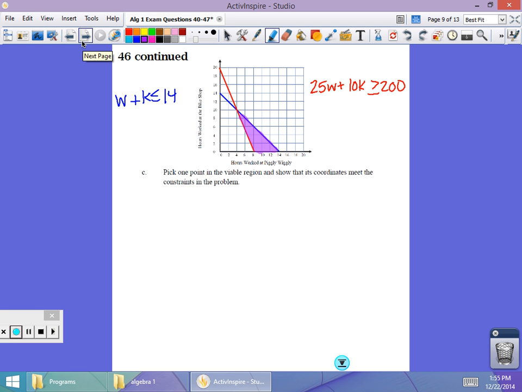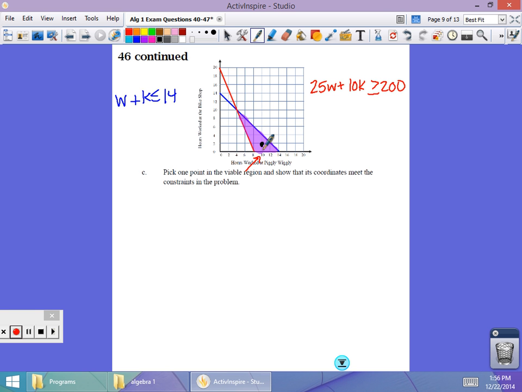46C. Pick one point in the viable region and show that its coordinates meet the constraints in the problem. We need to look in this purple area. I'm going to choose point 10, 2.